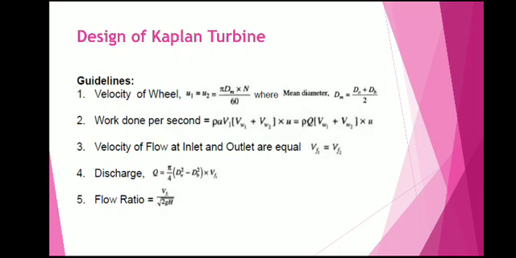Similarly, the design of the Kaplan turbine: velocity of wheel u1 equal to u2, it should be equal to pi Dm into N divided by 60, where mean diameter Dm equal to (D0 plus Db) divided by 2. Work done per second equal to rho a V1 into (Vw1 plus Vw2) into u, which should be equal to rho Q (Vw1 plus Vw2) into u.